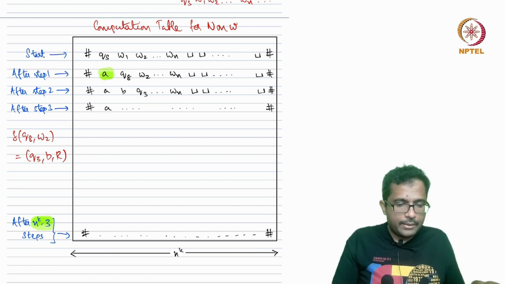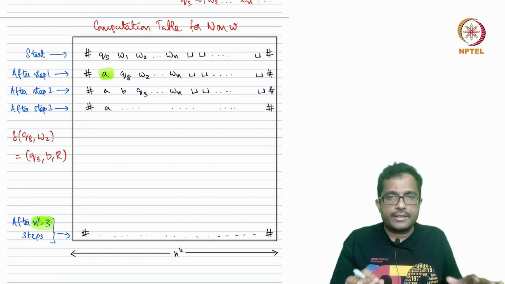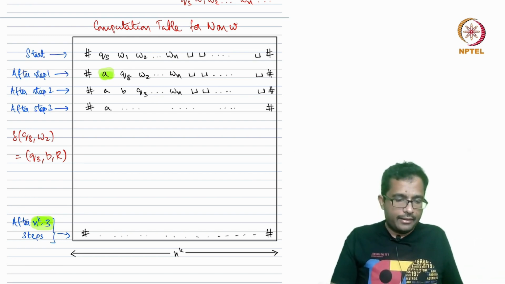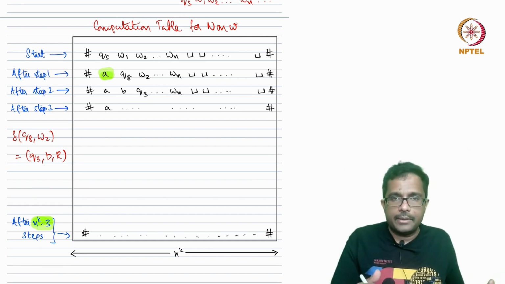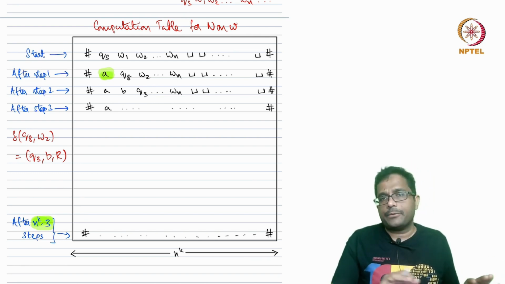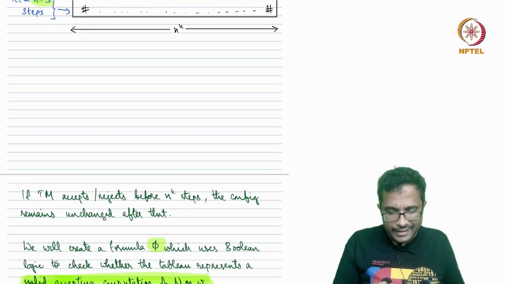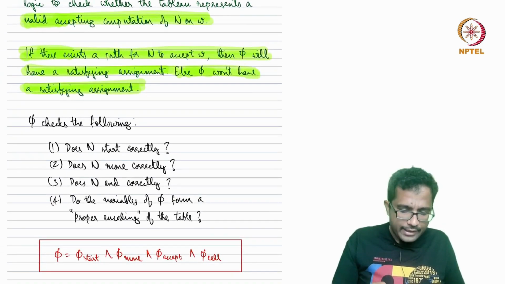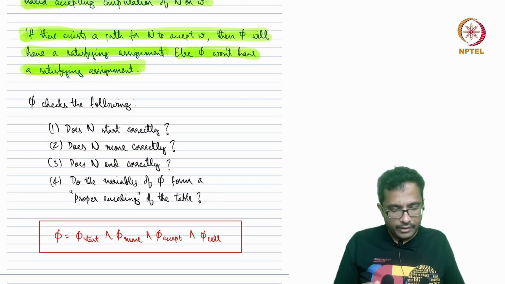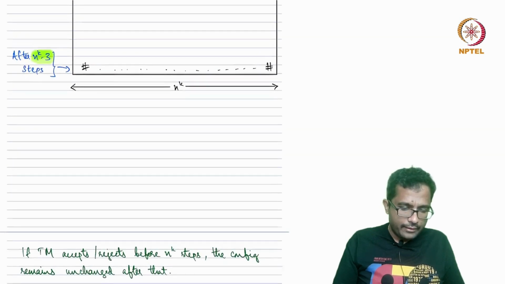Now if the Boolean variables are not set based on some rules, they may not be reflecting a table, right? So phi cell is a Boolean formula that ensures that it is actually a table that has been captured by the formula. So it's a bit of a technical thing. However, it's not that difficult to see. So when I write down the formula, we'll see. So this is what we build.